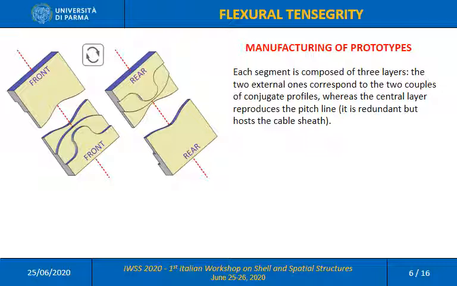The 2 external ones correspond to the 2 couples of conjugate profiles, whereas the central layer, of course, reproduces the pitch line. Indeed, this central layer is redundant because the motion is completely defined by the conjugate profiles only, but it is added because it hosts the cable shaft and drives the deformation of the cable.